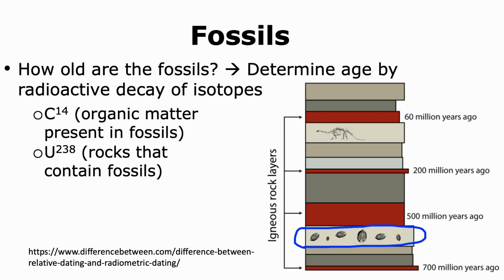Hence, this is an indirect way of determining the age of the fossils based on the rocks in which they are found. It should be noted that uranium-238 is normally not found in the actual fossil itself, and hence if we analyze the organic matter present in fossils, we cannot use uranium-238 for that process.